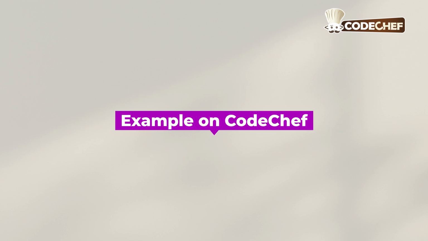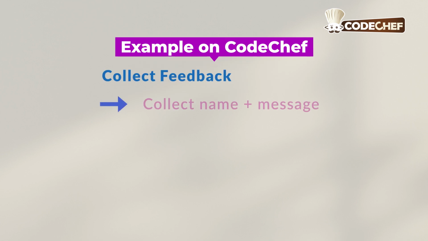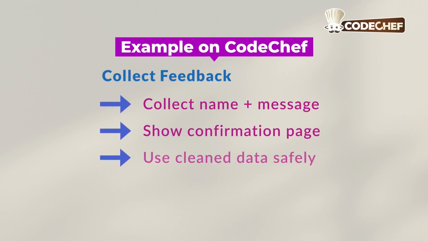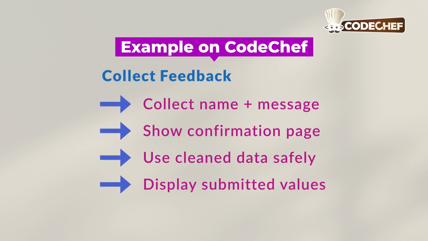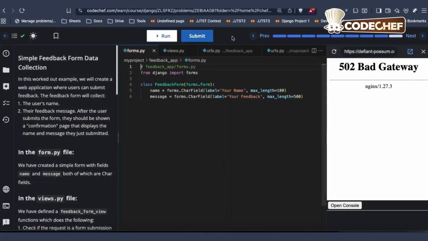Now let's take an example on the CodeChef platform and see all this in action. So in our worked-out example, we will collect a user's name and message, then show a confirmation page containing what they submitted. So here I am on the CodeChef platform and we have this worked-out example called Simple Feedback Form Data Collection.